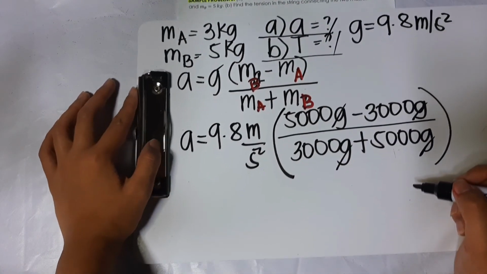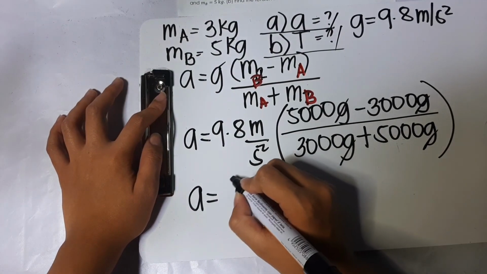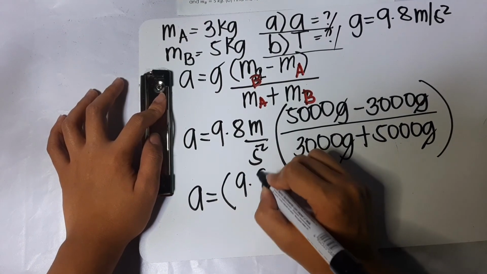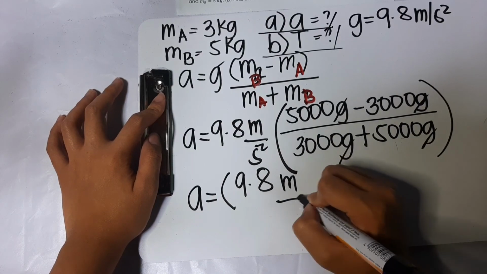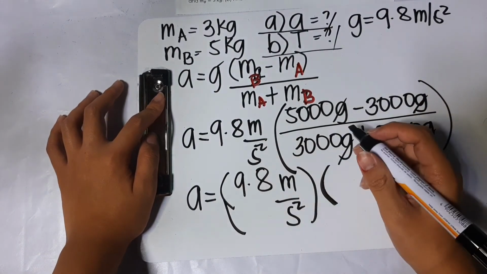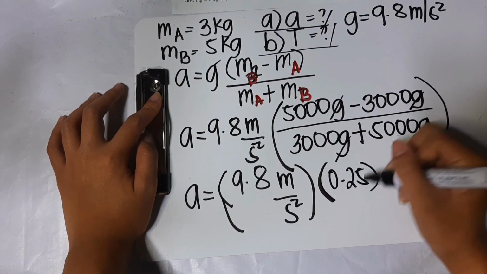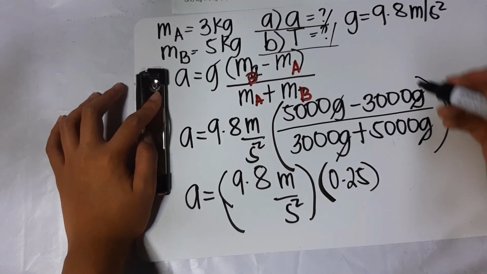Now our acceleration is 9.8 meters per second squared times 0.25.